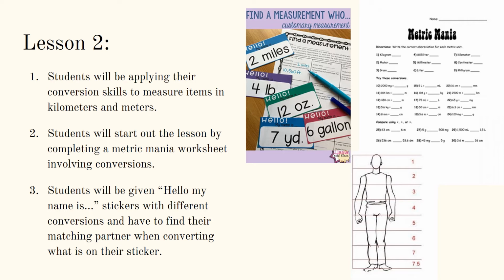Then students will be given Hello My Name Is stickers with different conversions on them, and they're going to have to find their matching partner when converting what is on the sticker. So if they have 2 yards on their sticker, they're going to find someone that has maybe 6 feet on their sticker, and they're going to match each other and do the converting within themselves.